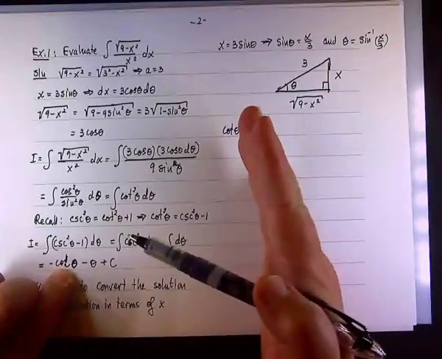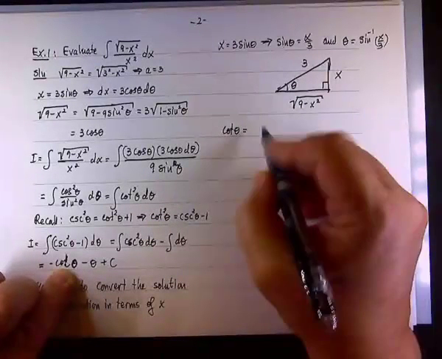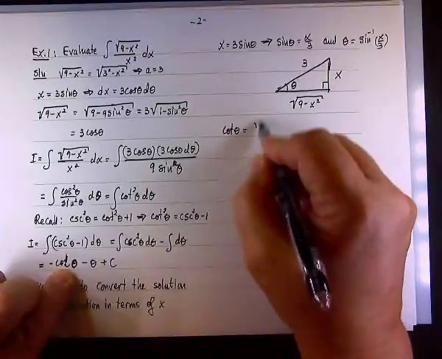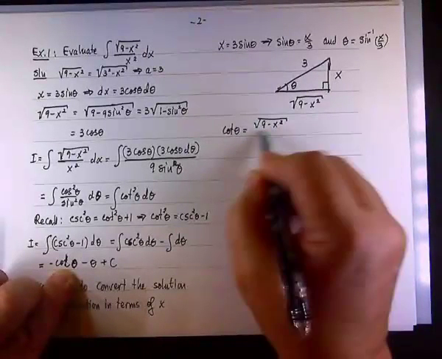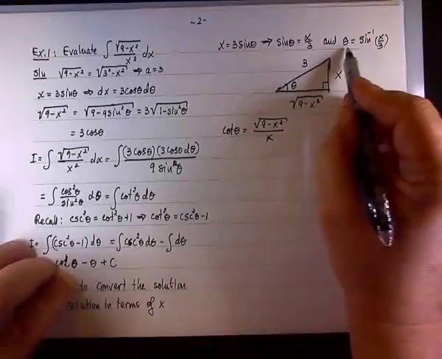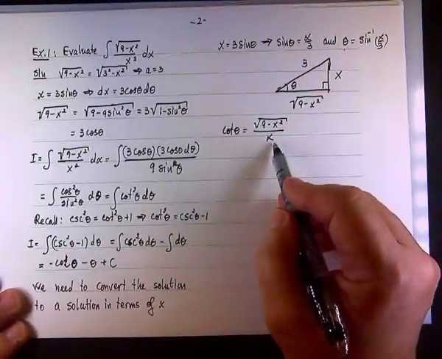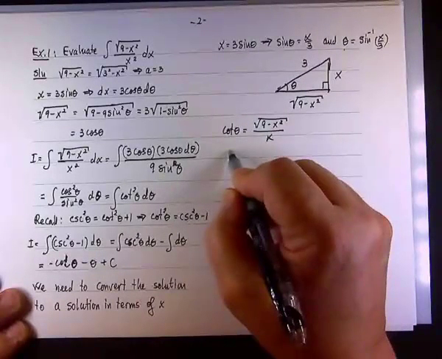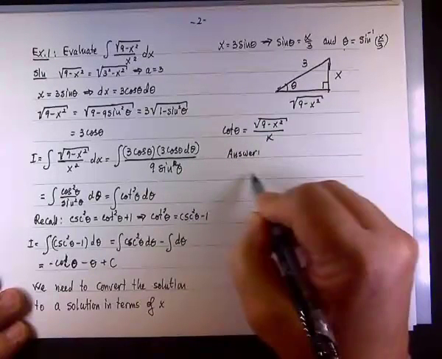One thing with this technique, you're going to see that we recover the radical that we started with. Now, I'm looking for the cotangent, right? Based on this, cotangent is adjacent over opposite. Tangent is opposite over adjacent. So adjacent over opposite will be the square root of 9 minus x squared over x.